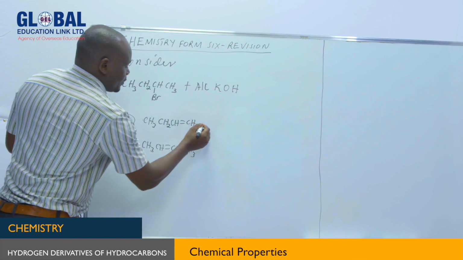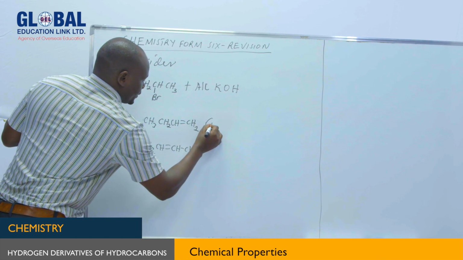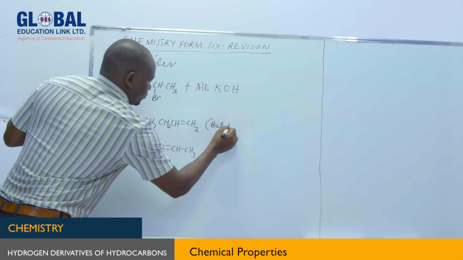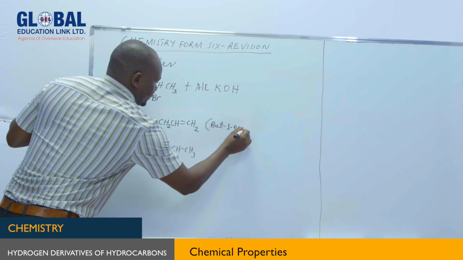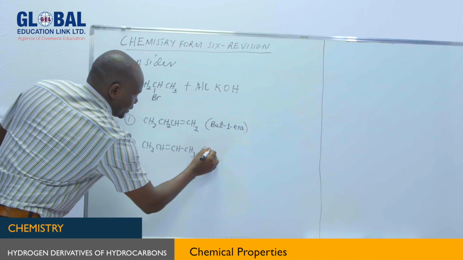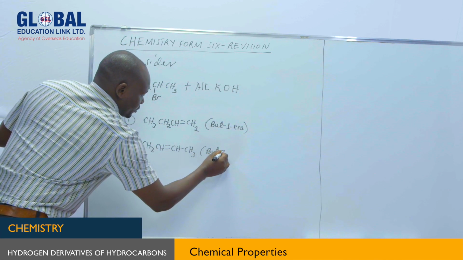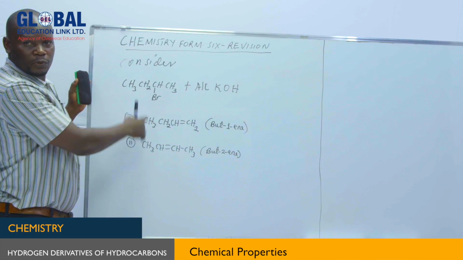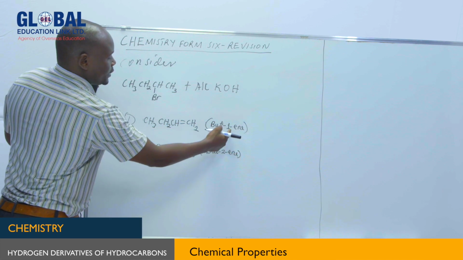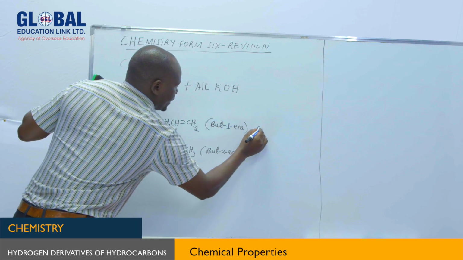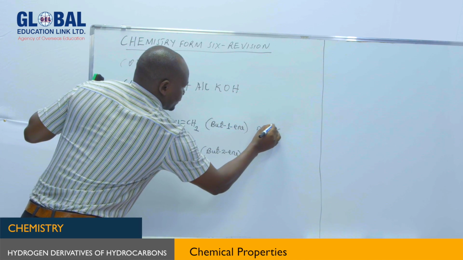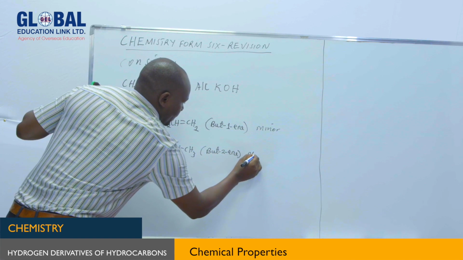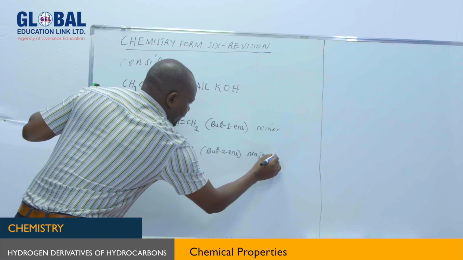And this one is known as but-1-ene, and this one is known as but-2-ene. Now of the two products, this but-1-ene is the minor product, and this but-2-ene is the major product.